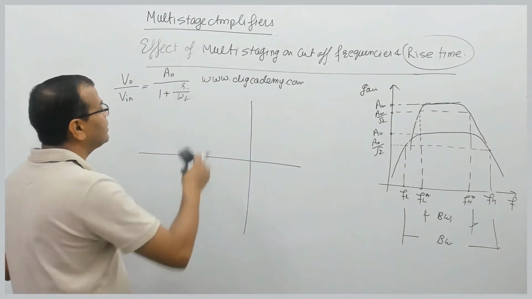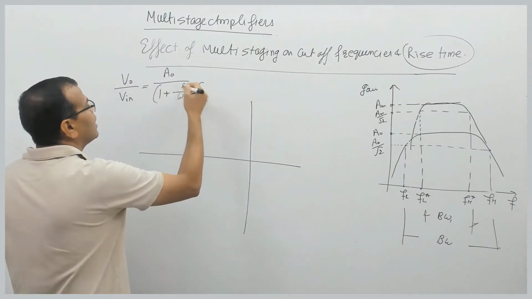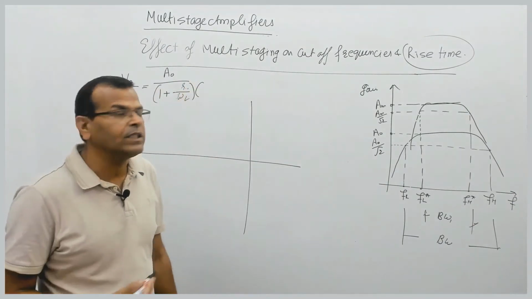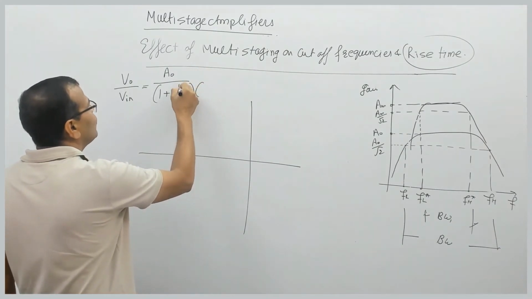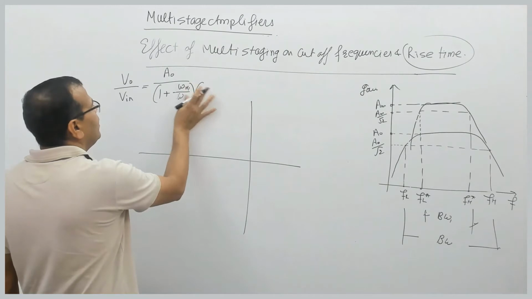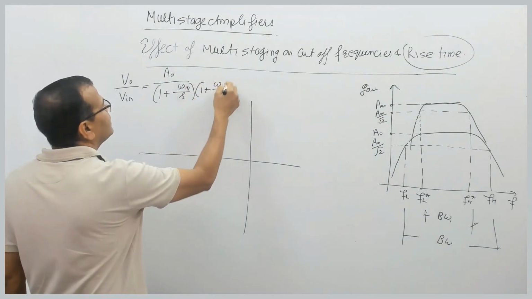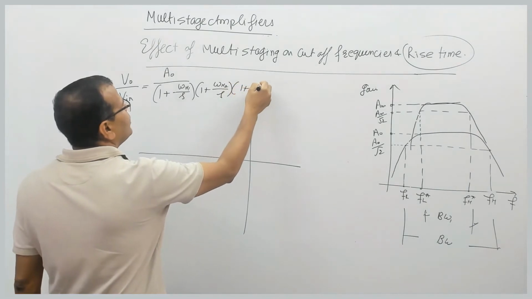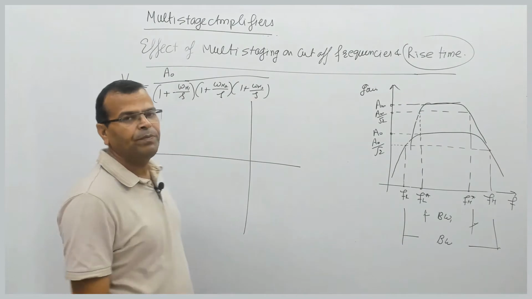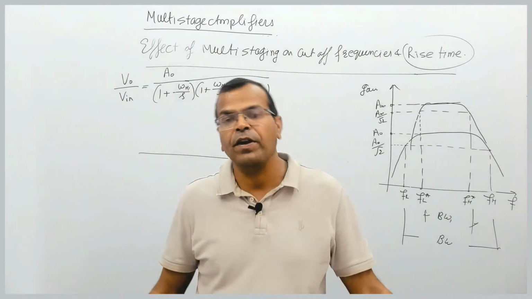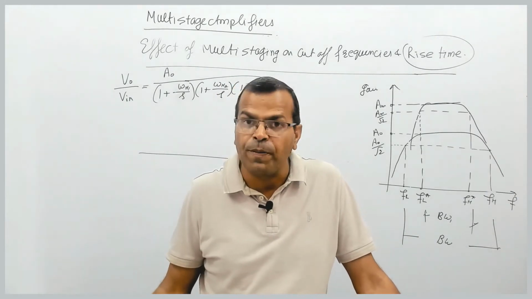Fine. But in a multi-stage amplifier, I don't have a single frequency, rather I have multiple frequencies, and I will be talking about the upper frequency. So the transfer function is of the form 1 plus S by omega H1, 1 plus S by omega H2, 1 plus S by omega H3. This is the type of transfer function of a multi-stage amplifier having multiple poles.